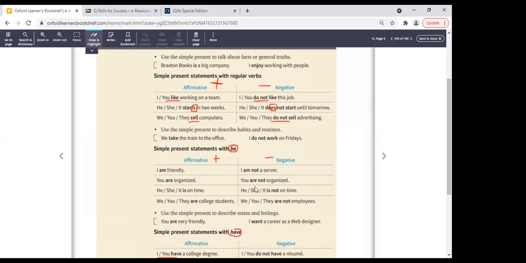So I am not, you are not, and is not. So am not, are not, is not. Excellent, Munir.